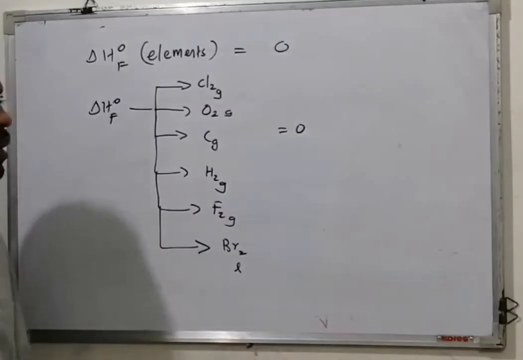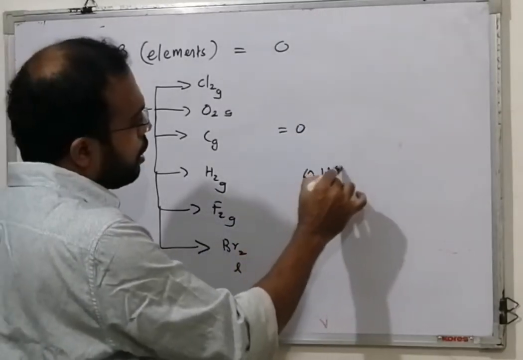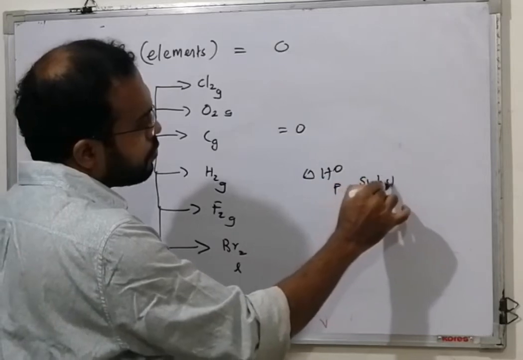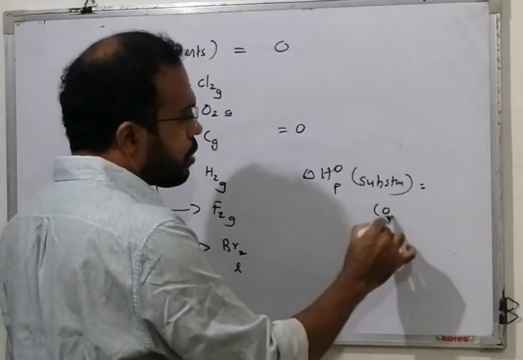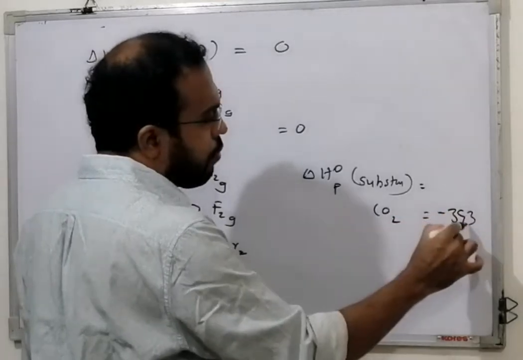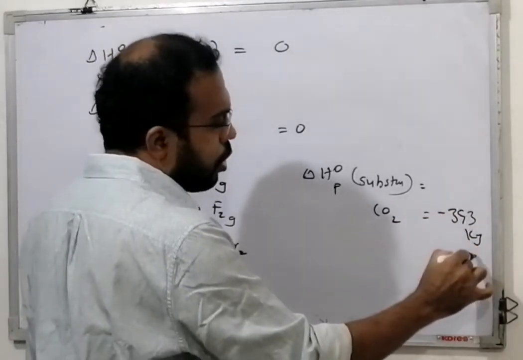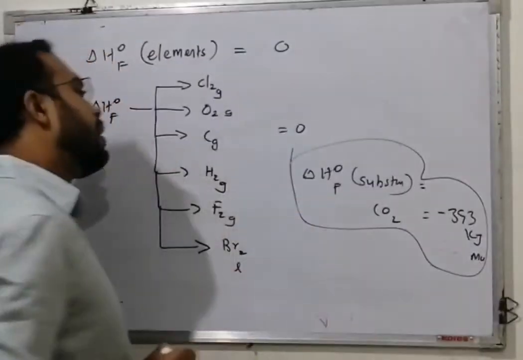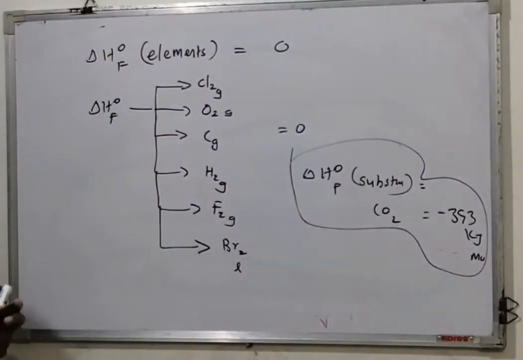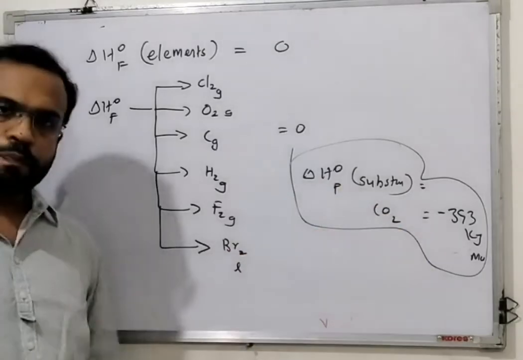But if it is a substance, suppose water or carbon dioxide, minus 393 kilojoule per mole, what is this value? This is delta H0 formation of carbon dioxide for 1 mole.